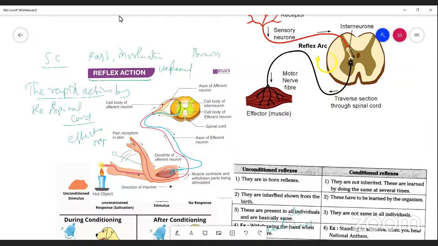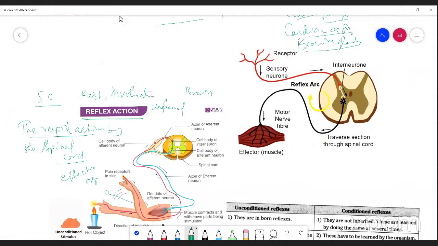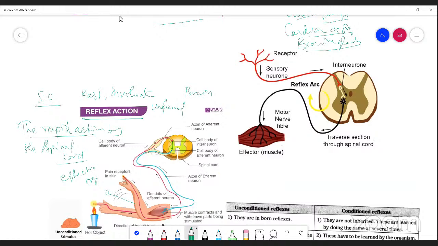Reflex arc. See this diagram of the reflex arc. Reflex arc means the pathway followed by a nerve impulse to produce a reflex action.